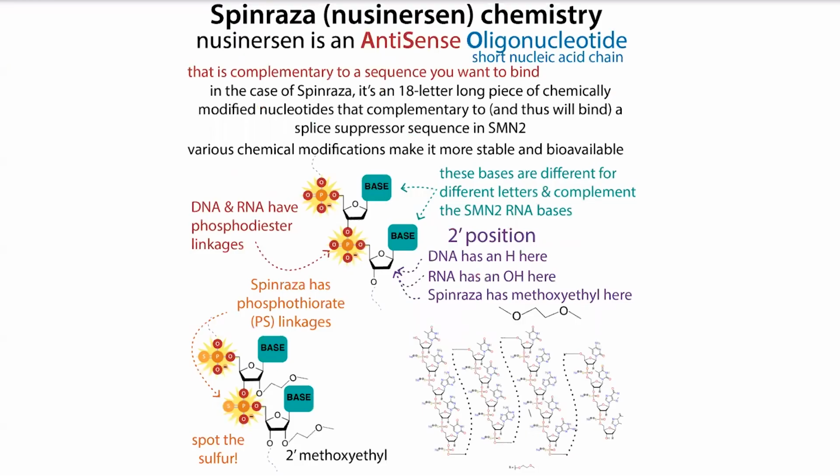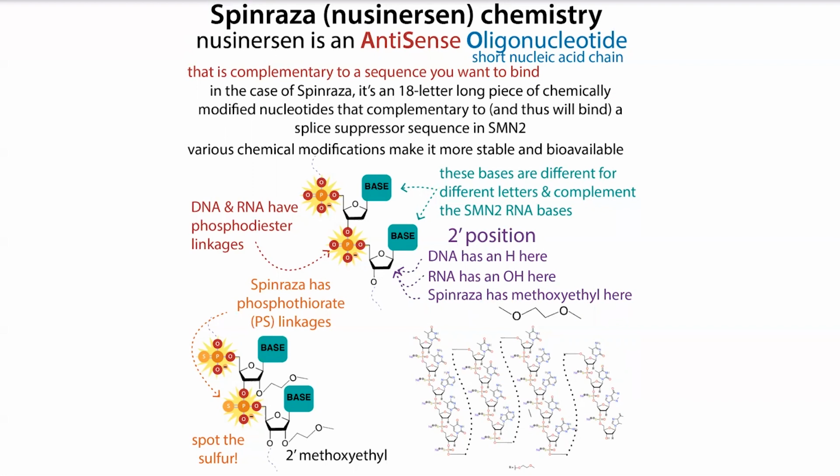An example of this we'll look at later is Spinraza, that drug for SMA. It has these phosphorothioate linkages that you can see. And Spinraza actually has, at this 2' position, a methoxyethyl. So that's another group that will be more protective.